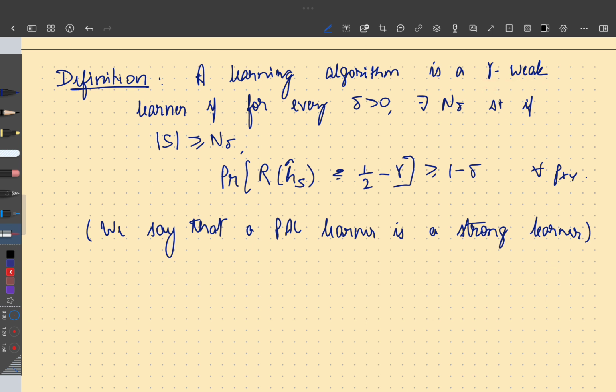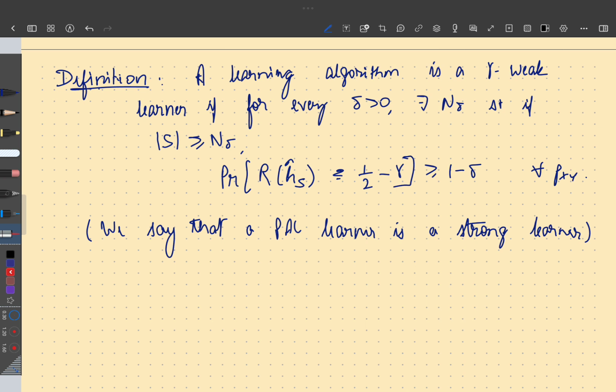But the weak learner may never be able to achieve a gamma that is arbitrarily close to half. So when I say that there is a gamma weak learner, it only means that I can make this delta arbitrarily close to 0 by increasing the number of samples. But it's possible that no matter how many samples I'm given, I can never make gamma close to half.